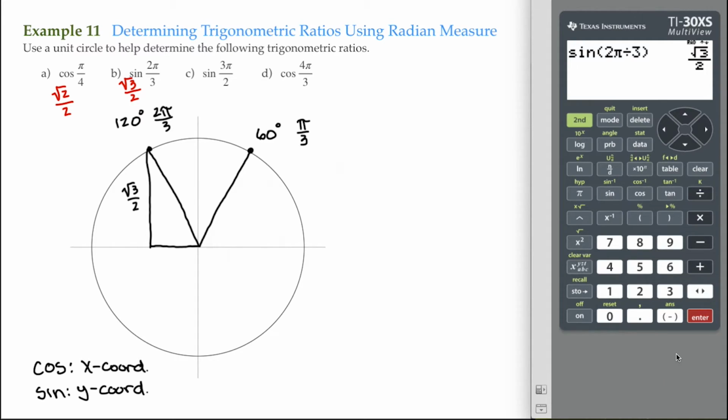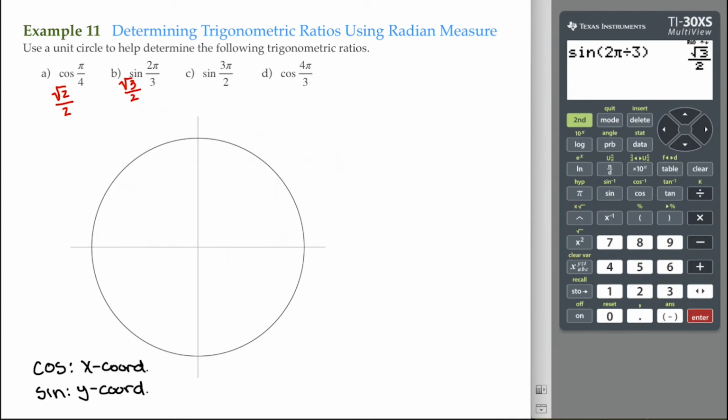Let's try C. The sine of 3 pi over 2, where 3 pi over 2 is right down here. That's 270 degrees. So we're talking about this spot right here. There it is. It's strictly vertical.